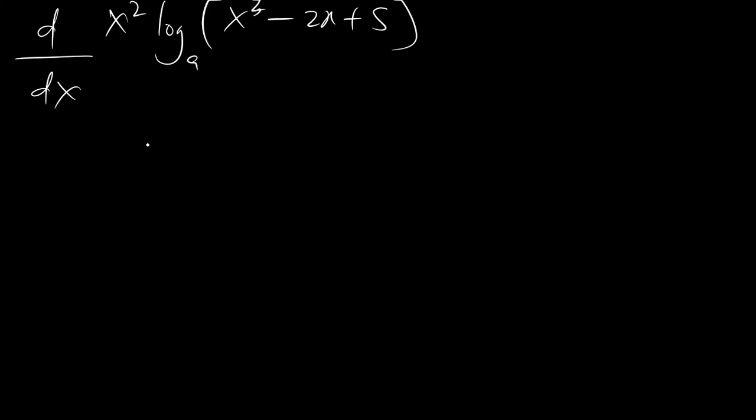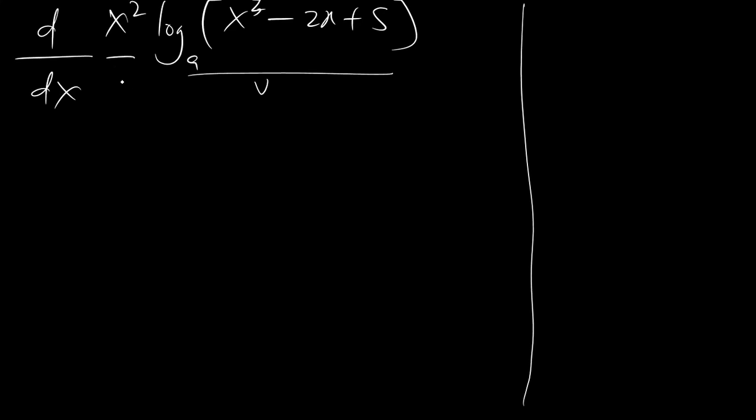Now let me just demarcate here and use area as my rough. Now for this, let's assume that you have this one is our v, this is our u. So u prime already is 2x. Then now our v, so you say v is equal to, let's say, log of a function base a.